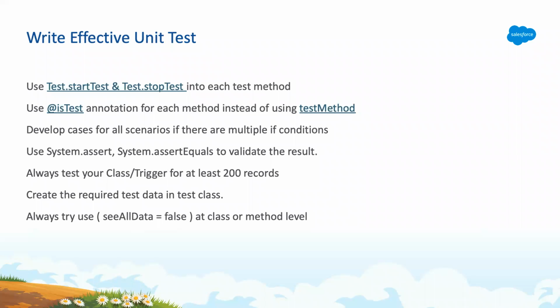So we use the Test.startTest and Test.stopTest methods to reset the governor limits during the test. I already mentioned the isTest annotation we have to use in test methods. The testMethod syntax is already deprecated.